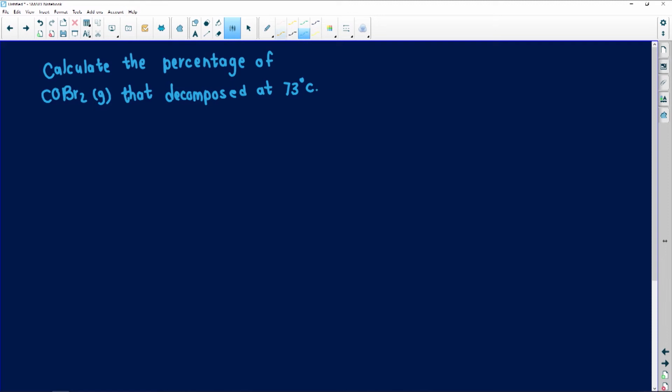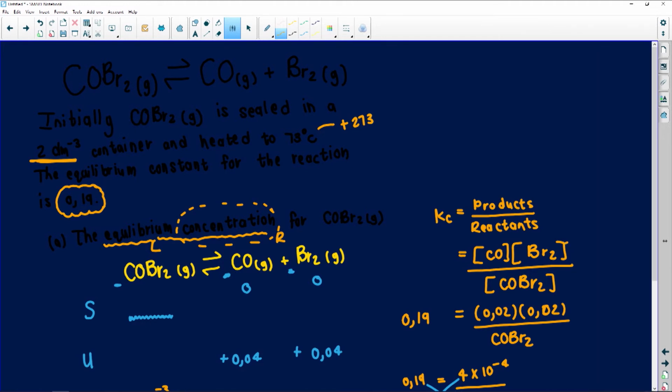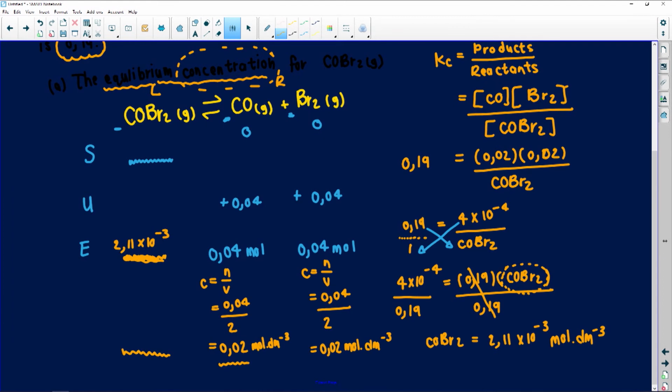Now, this is just a continuation from that other one, but remember, just moving back to our previous slide, we had gotten the equilibrium concentration, which was this number. When we calculate concentration, we use the formula C is equal to n over V. We have the concentration at equilibrium, we do not have the moles, and we do have the volume.